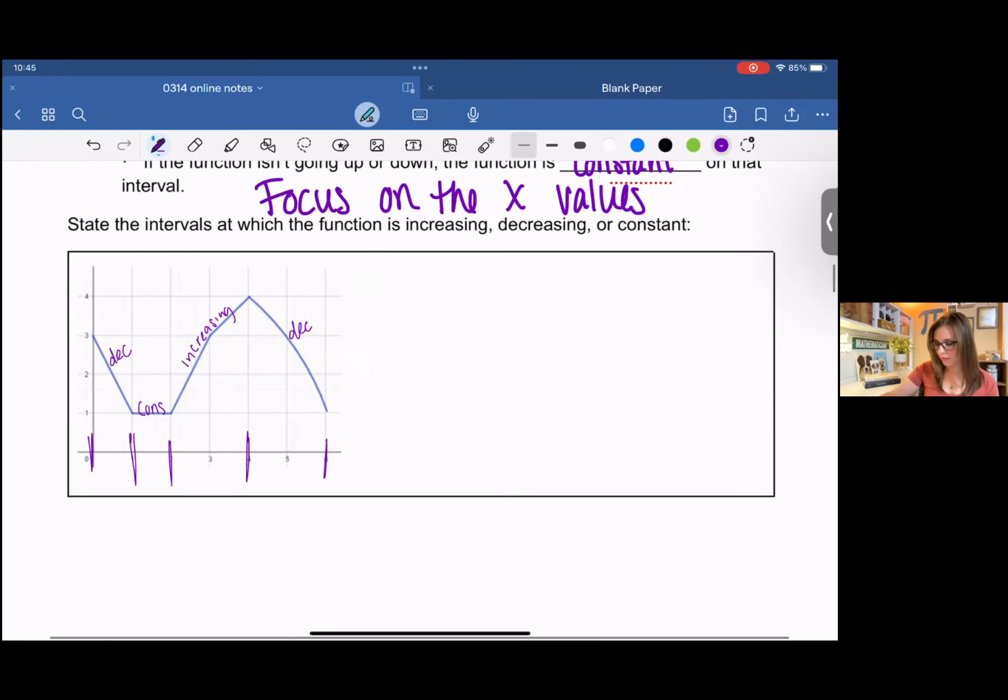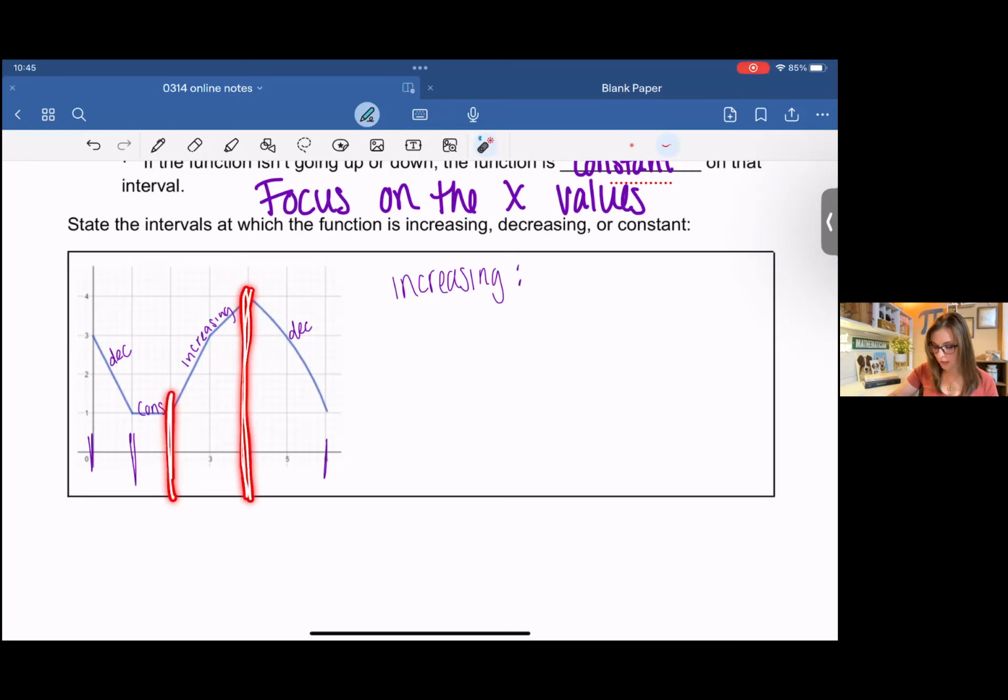So we would say the graph is increasing from, we're focusing on the x values, it starts here and it ends here. And those x values, I marked them out so I can't tell, are 2 to 4.